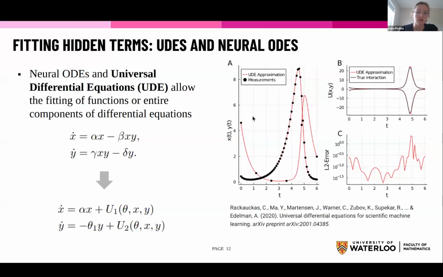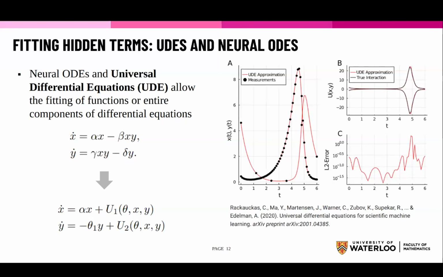So here, if we have this ODE, which is the Lotka-Volterra ODE, then if this term is unknown, they can just replace it with U1 and then learn this universal approximator. So their method obtains a solution to the differential equation along with an approximation of these terms.